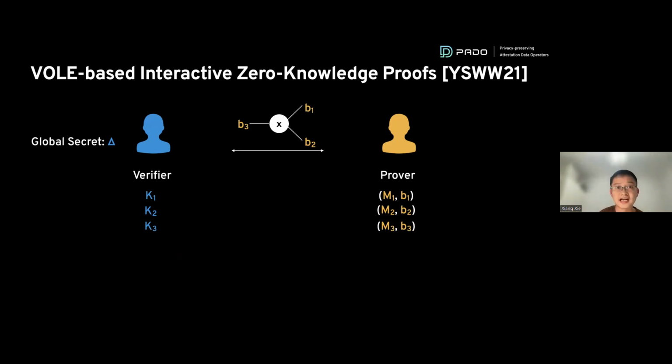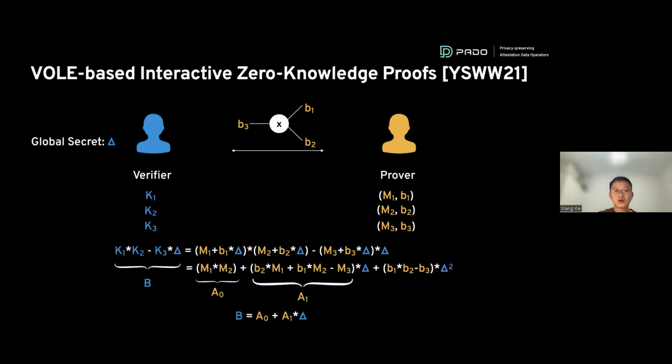The difficult part is that you have to prove multiplication. Here the multiplication is the AND gate, when we are considering Boolean circuits. In this case, the prover and the verifier have three IT-MACs. The verifier then computes K1 times K2 minus K3 times delta.